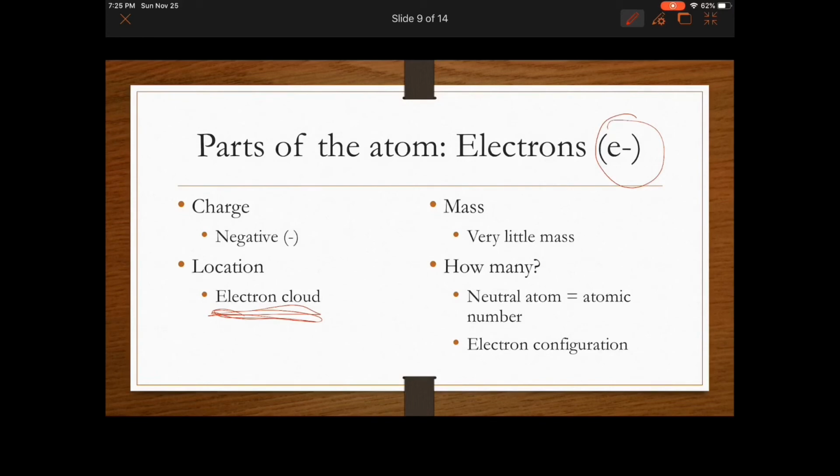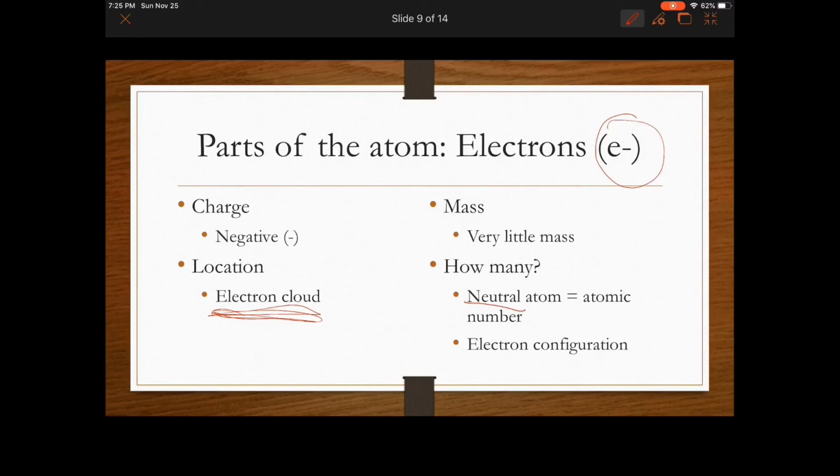So again, we've stated that this has very little mass. And so for our purpose, we're just going to pretend that it has no mass, because otherwise it starts to get really finicky when it comes to calculations. In order to figure out how many electrons are in an atom, we will take a look at the protons. So if we have a neutral atom, or what I like to call a happy atom, because neutral, who doesn't like to be happy when they're neutral?